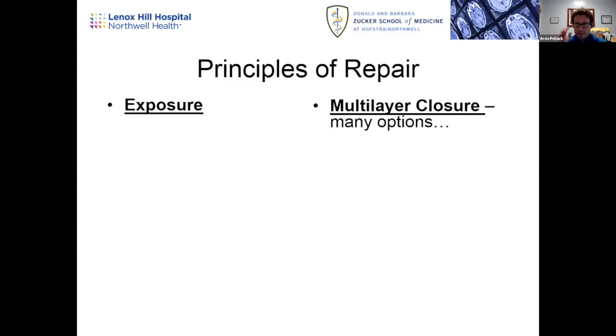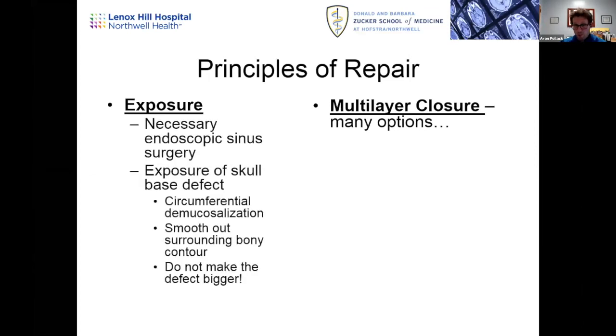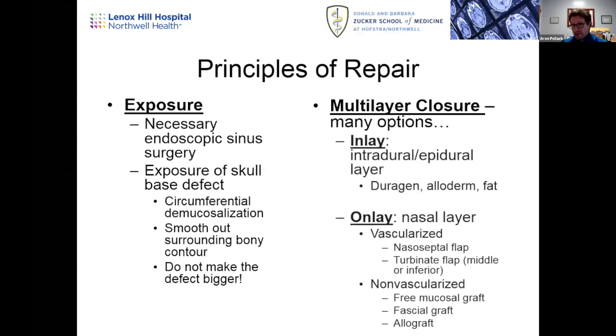Lastly, the principles of repairing these holes in the skull base or the roof of the sinus cavity really is predicated on two things. You have to expose the hole really well, 360 degrees around the hole, and you have to repair it with typically more than one layer.